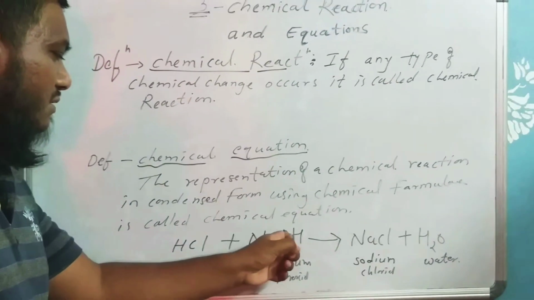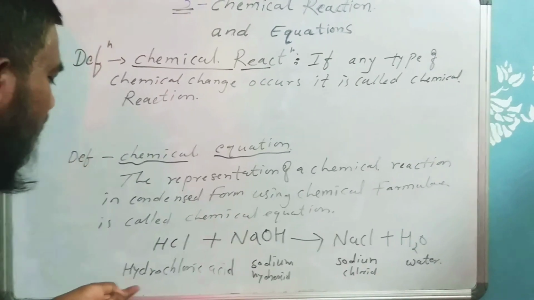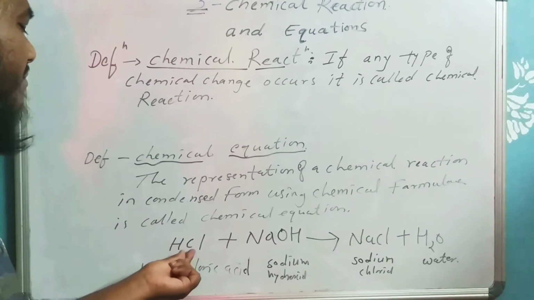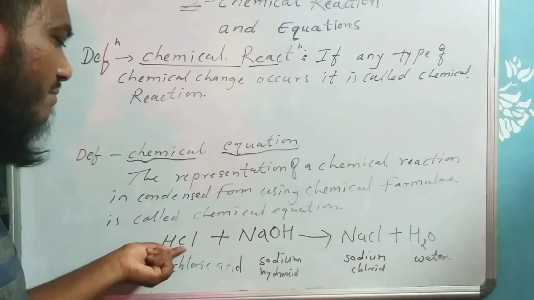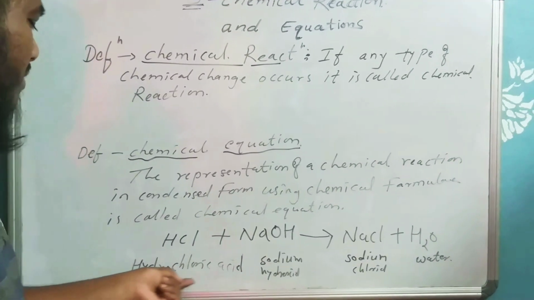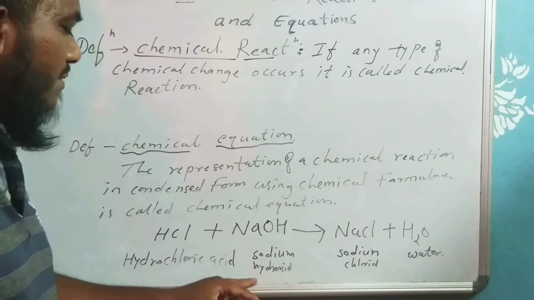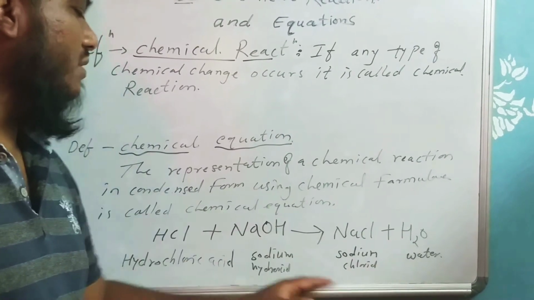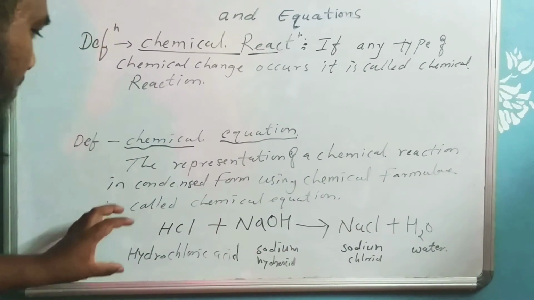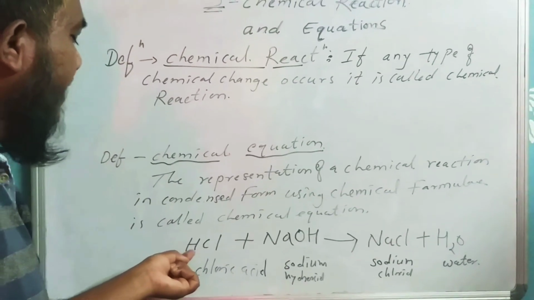At the start of the topic, we have to understand that instead of writing the full names of the chemical compounds, we write only chemical symbols or formulas. Hydrochloric acid, sodium hydroxide, sodium chloride and water contain many alphabets, so they can be written in shortcut form.